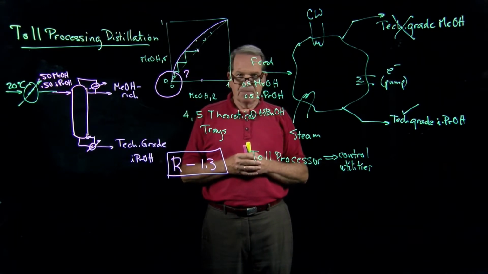when we put this information into the process design. We've talked about toll processing and a specific problem in which we're going to receive a blend of methanol and isopropanol, and we're going to try to make some products that we can either sell or give back to the manufacturer for recycle. As you recall, there's just a touch of 1-butanol in the process, and so we need to pay attention to that as well.